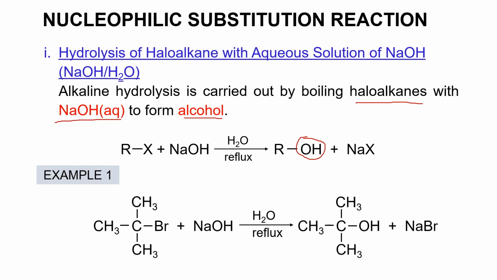For the first example, as we can see here, we replace the bromine atom with OH. The OH comes from sodium hydroxide as a nucleophile. So this indicates that the reaction undergoes nucleophilic substitution reaction.